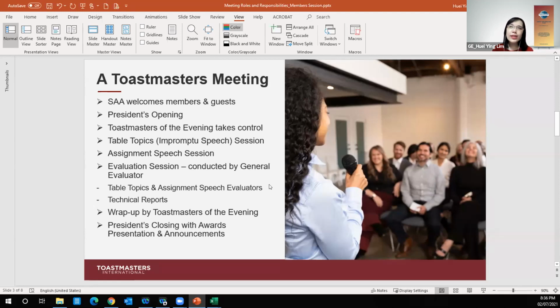Sometimes the timer only times the speakers, but some will time each of the role players, which is advisable. So they will time each from the beginning until the very end, even including the timer herself. If let's say I am the timer, I am the last technical role player that will be called by the general evaluator.